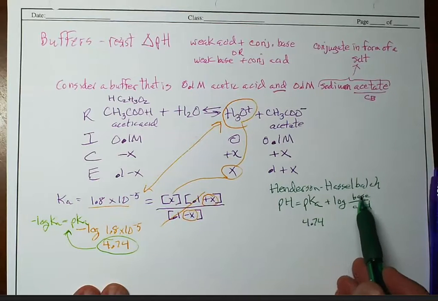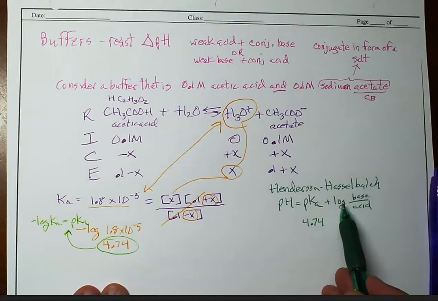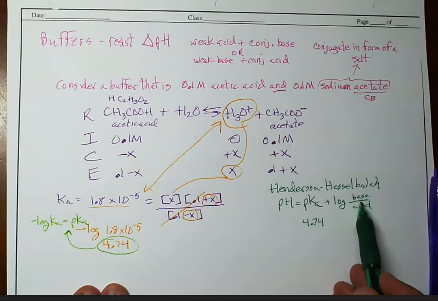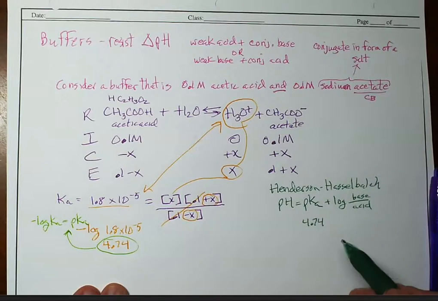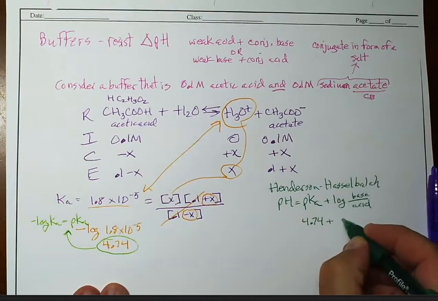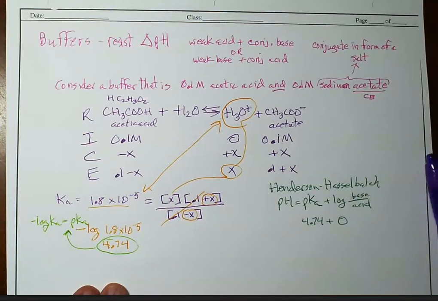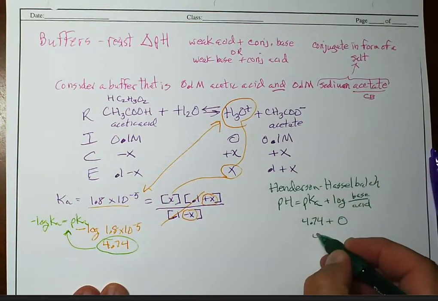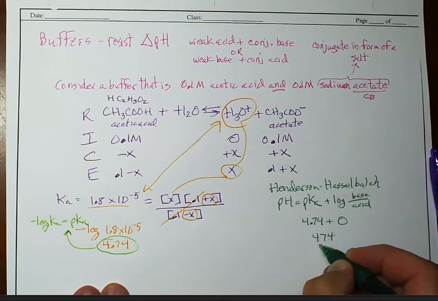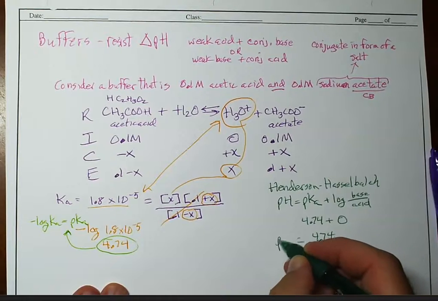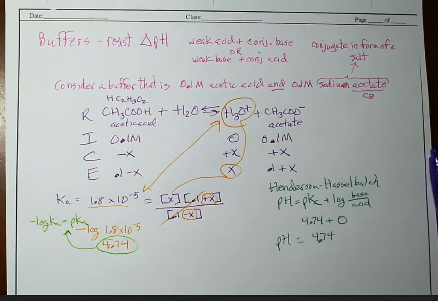That fraction is equal to 1. What is the log of 1? It's 0. So we're saying 4.74 plus 0. So what does that give us? pH is 4.74. We already knew that.